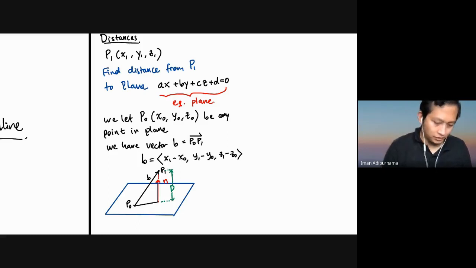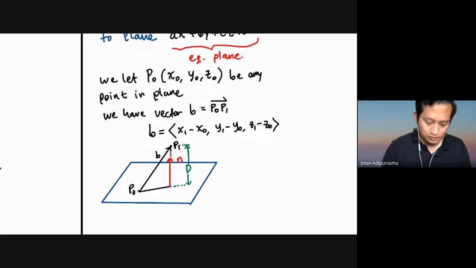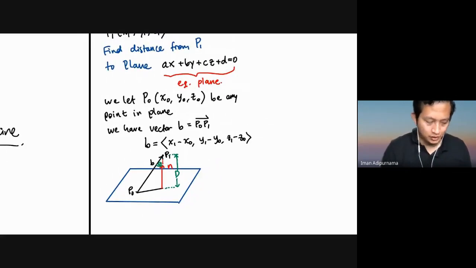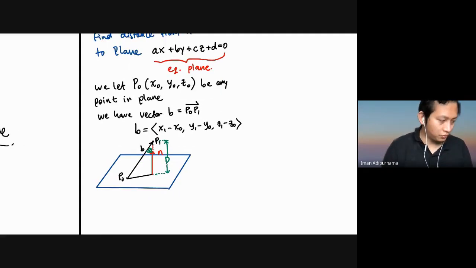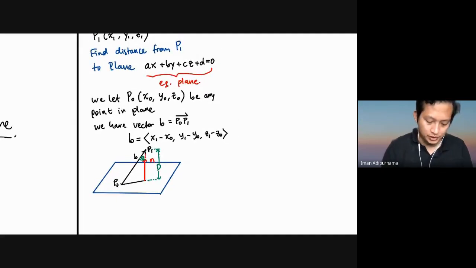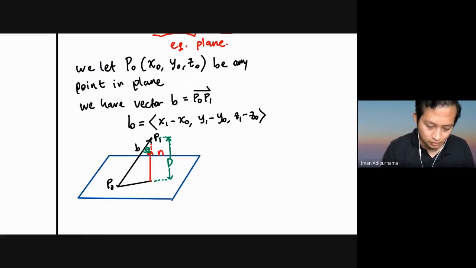Okay, now based on the information on this picture, maybe I will add also an angle here, okay, to add the information. So based on this information, remember that we have relations from this D. Okay. So this D, okay, and this angle, we have a component.